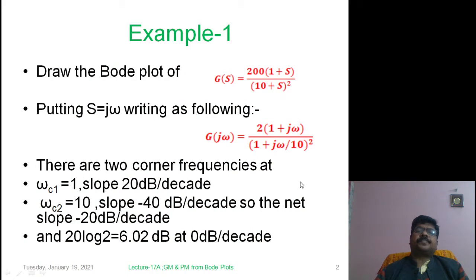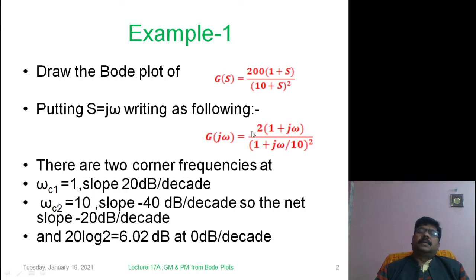Now taking the first example, here G(s) equal to 200 into (1 plus s) divided by (10 plus s) whole square. So to draw the Bode plot, first of all, we have to put s equal to j omega and simplify so that we can identify the corner frequency of the system.